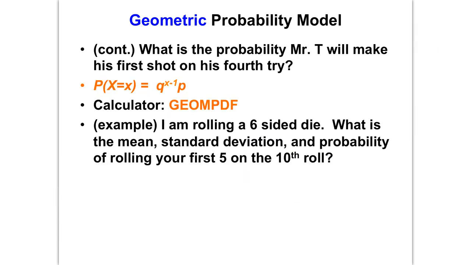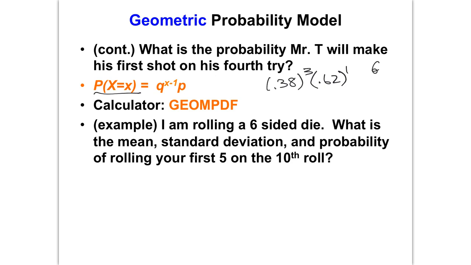What is the probability that Mr. T will make his first shot on his fourth try? Well, the probability that our random variable is going to happen on the fourth try would be 3 failures in a row, which would be 0.38 to the 3 times 0.62 to the 1. Okay, so that would be the probability that I will make my first shot on my fourth try.